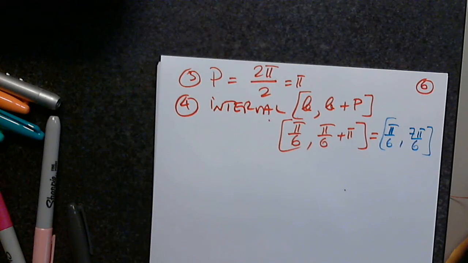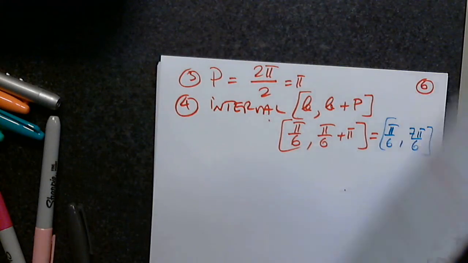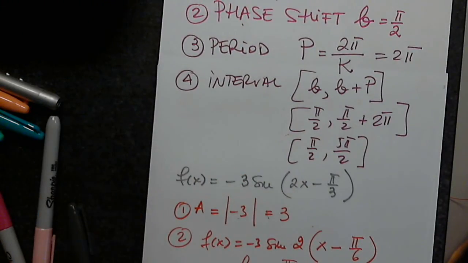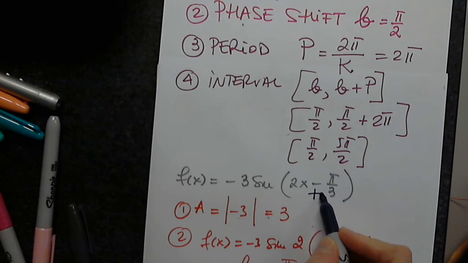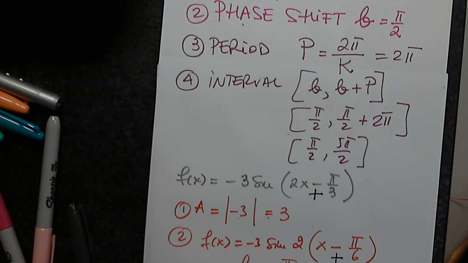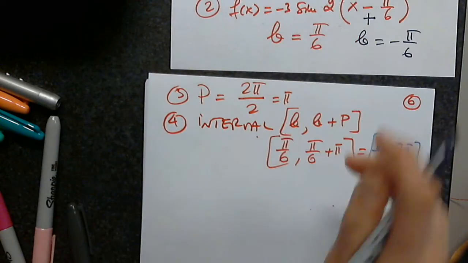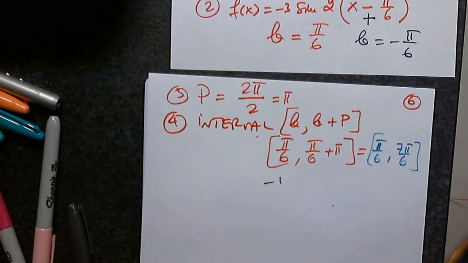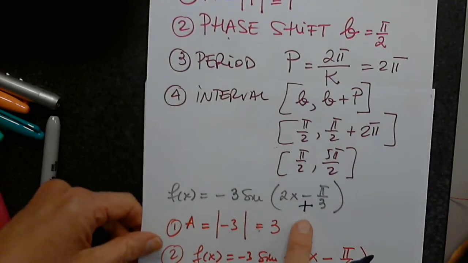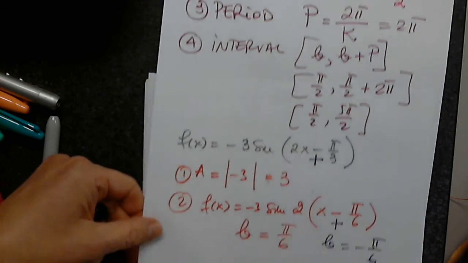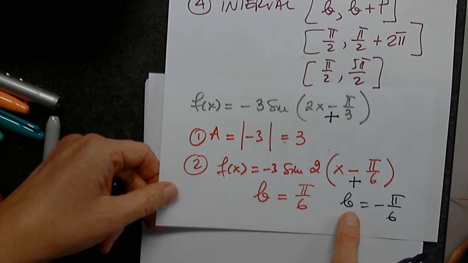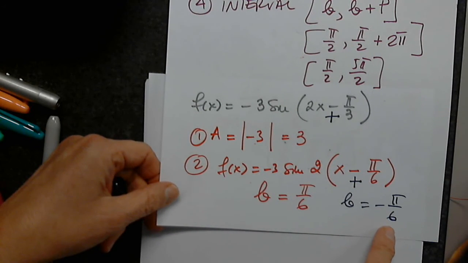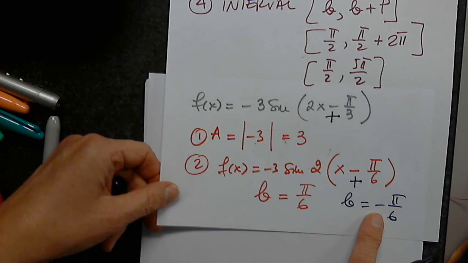Yes. Can you say that one more time about the phase shift? Yes. So if I have positive here and positive here, then the phase shift will be negative pi over 6, one factor, and the interval will be, if I have positive here and positive here, of course, then the phase shift will be pi over 6 to the left, which is negative pi over 6.